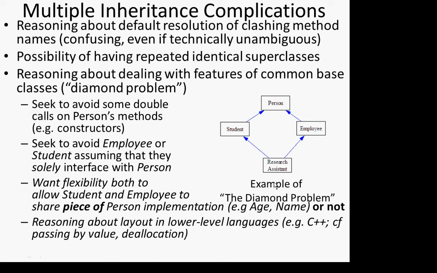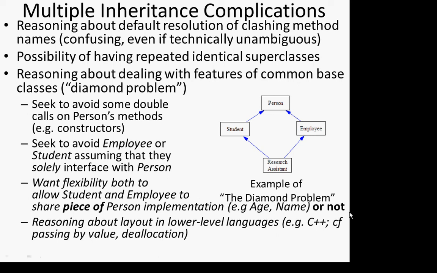One is, is the person from whom employee and student derive supposed to be the same person, or are those two different persons associated with it? In this case, it's clearly the same. But there may be cases where you derive from two superclasses and you don't want them to share that ancestor class.